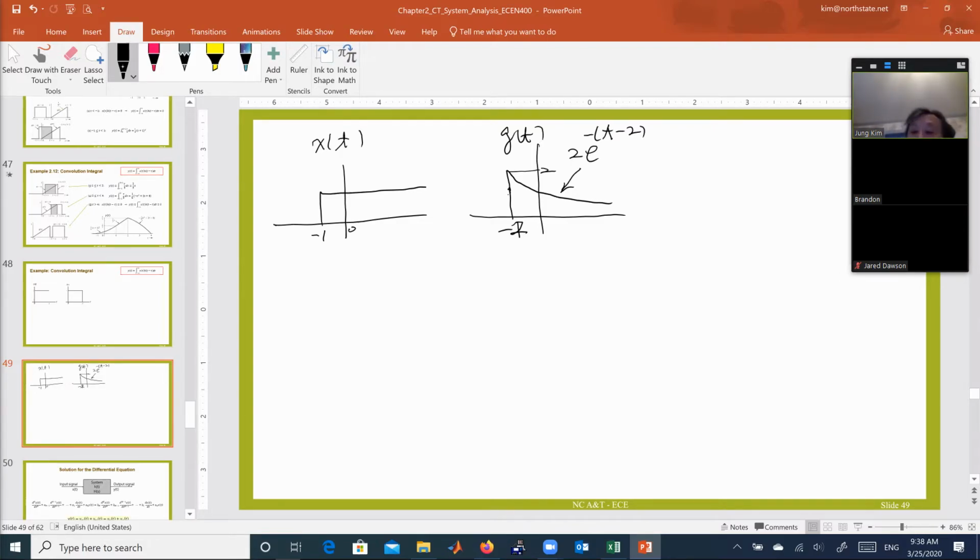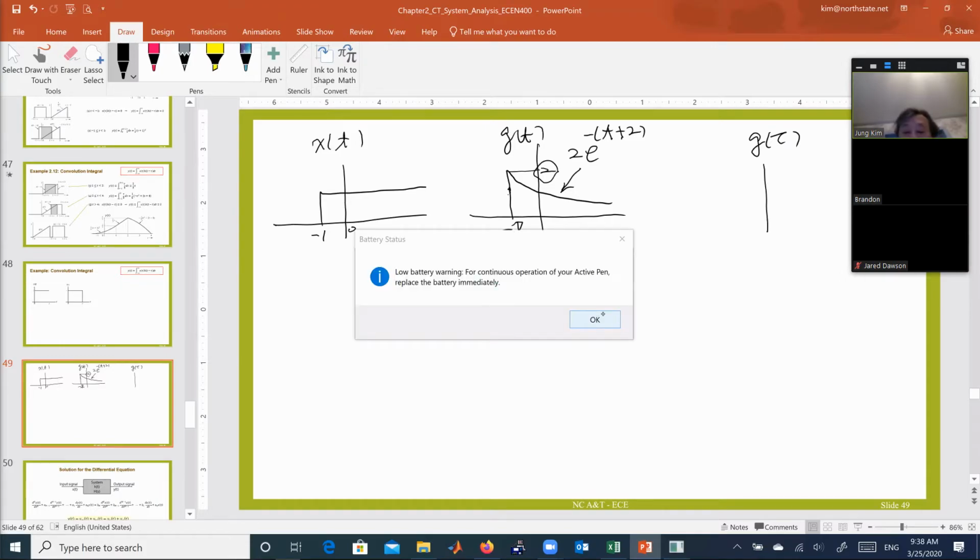In the case of t plus 2, if t equals minus 2, then minus 2 plus 2 is 0, so e to the 0 is 1, so its amplitude is going to be 2. First of all, what you need to do graphically is change it to the tau domain.